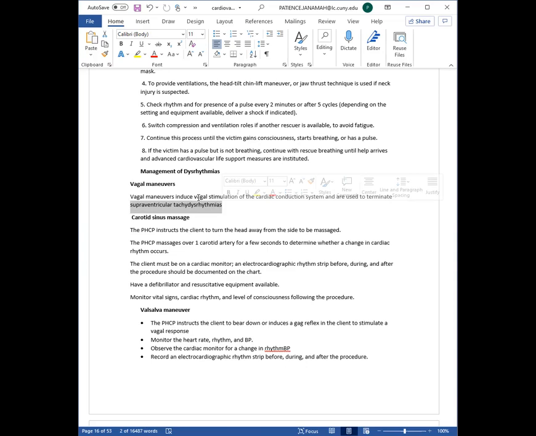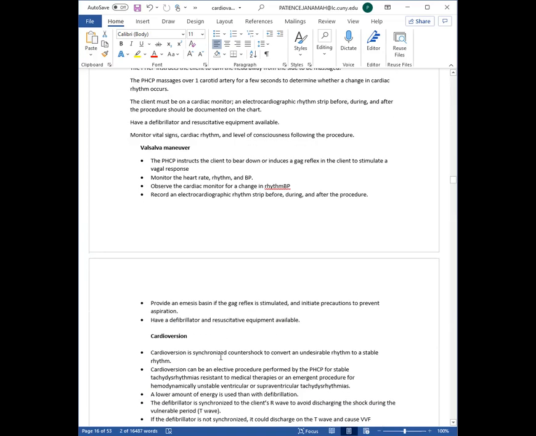You want to have them manipulate their own heart to work. It's like a form of breathing exercise where they take a deep breath and then open up and blow. When they blow, it's supposed to help kickstart the heart to work normally. If that one doesn't work, that's when you give the adenosine.